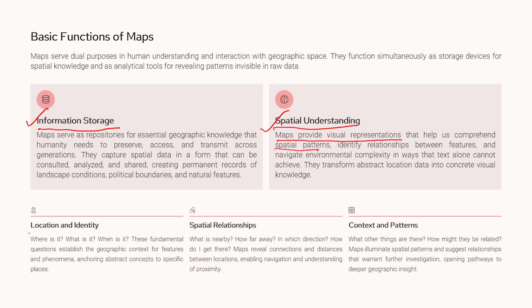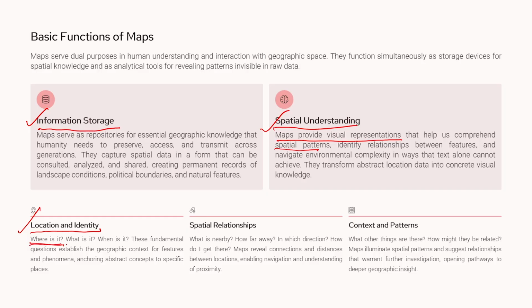Now, what can I do from this? I can identify the location. When I ask the question, where is it? I will tell you, sir, this is from this particular latitude, longitude. What is it? That is attribute. For example, if you ask me where I am sitting, my location is where is it? What is it? Who am I? I am a professor, that is attribute. When is it?